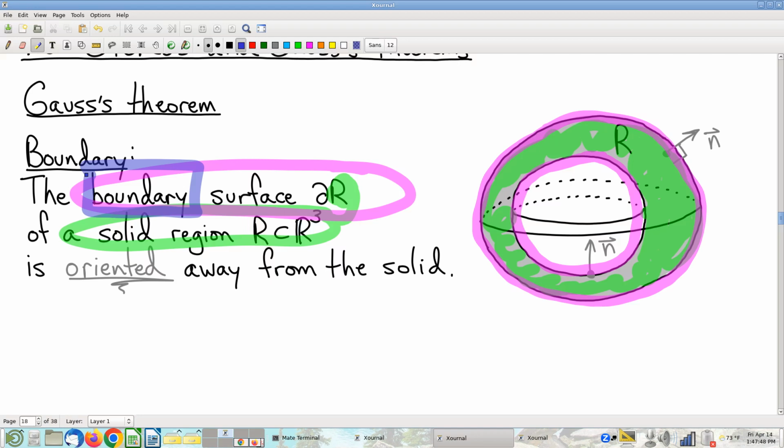The rule, I will confess, is arbitrary, but it's an arbitrary choice like I made 150 years ago, and so at this point it's standard, right? So it's not optional. And here's the rule. Away from the solid is the rule.